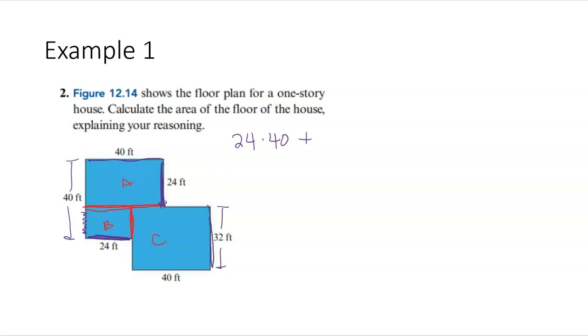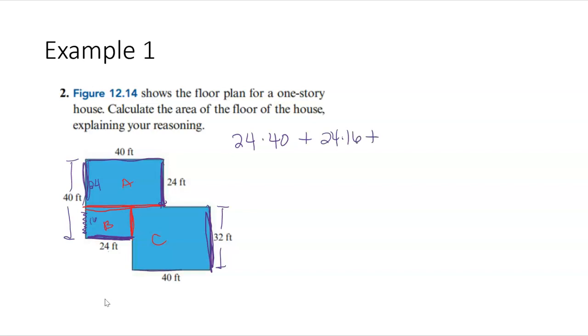This is 32, and we know that this piece is 24. So we actually don't need this 32 because we know that 24 plus something gives us 40, right? So 24 plus 16, because these two pieces need to add to 40. So this rectangle is 24 by 16.